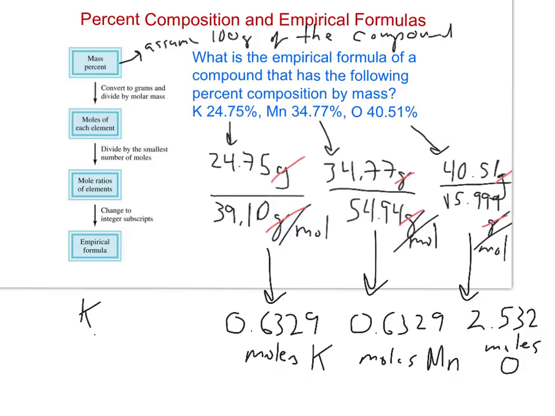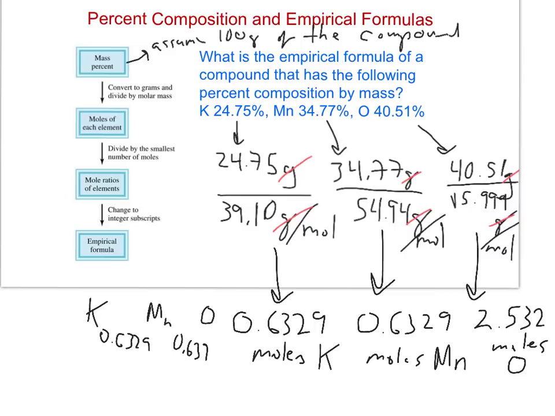For example, if I were to use these molar amounts for my formula, K 0.6329, Mn 0.639, and oxygen 2.532, that's just a mouthful, and it's just not practical to use those values.